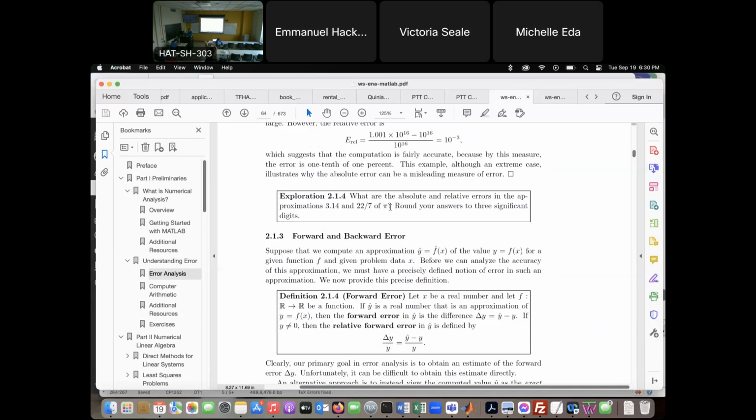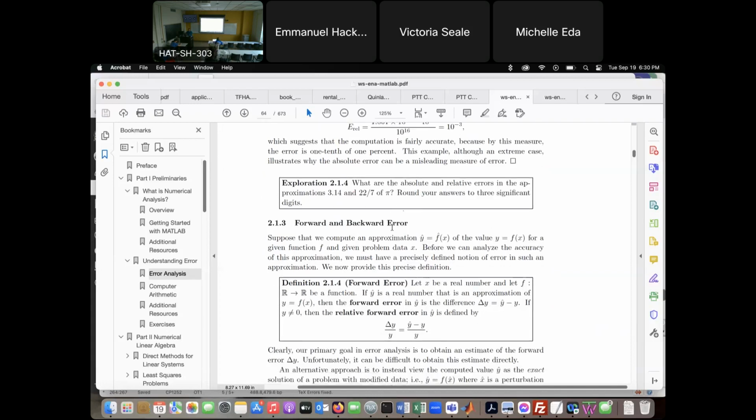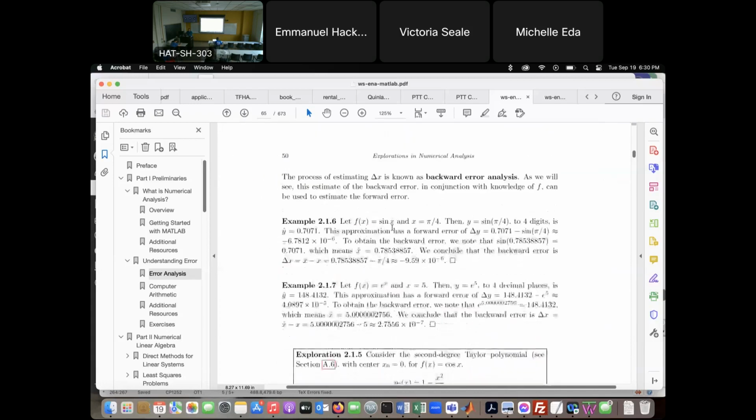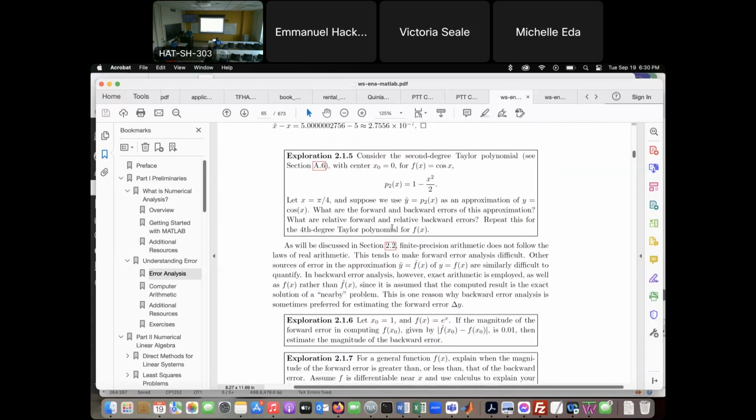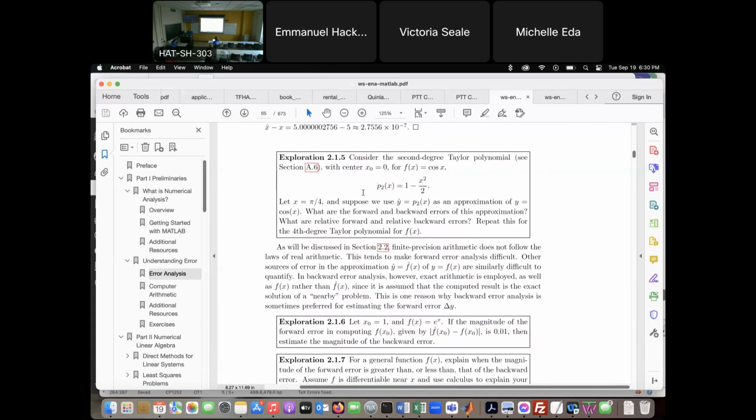What about 5? Are we doing all of them? So for this one, this is the second degree Taylor polynomial for cosine of x at the center of 0.